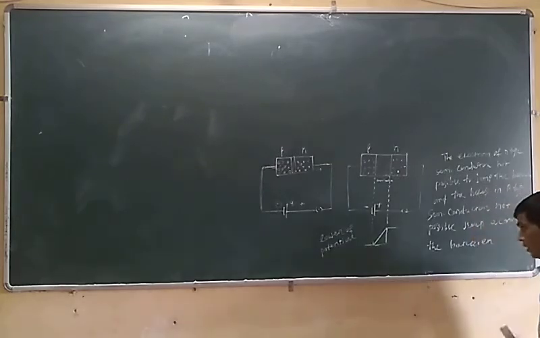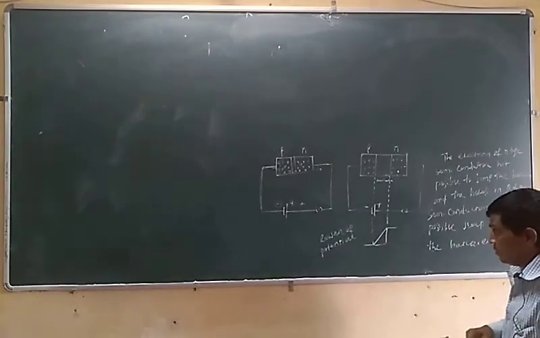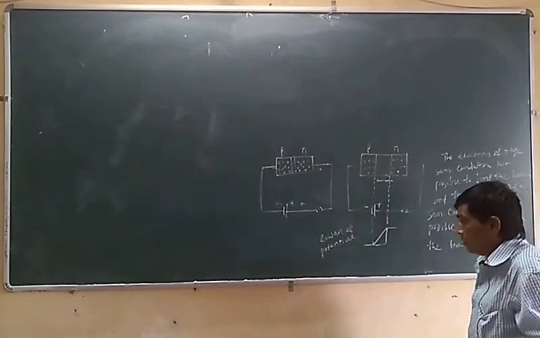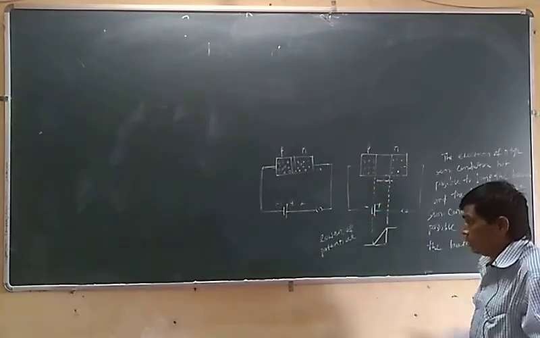So in this way, the current is not possible, not flowing across the junction.